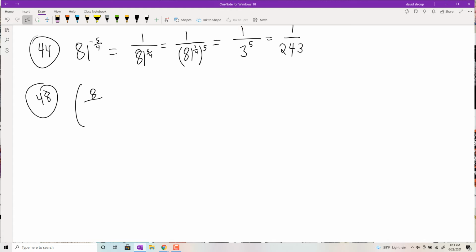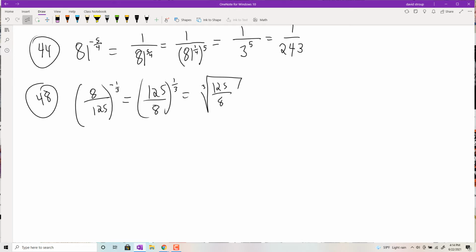So I have 8 all over 125 raised to the negative 1/3. So I could rewrite that as 125 over 8 raised to the positive 1/3. Then I could take the cube root of that, basically, right? Because that's the same as the cube root of 125 over 8, if you wish. And then that will be 5 over 2.